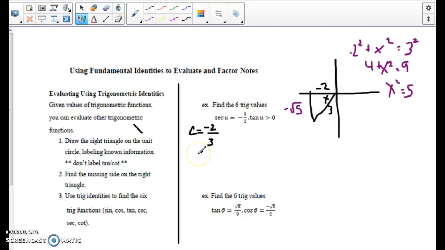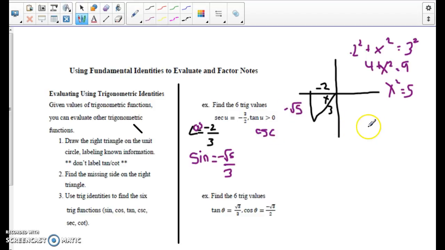So therefore I can easily now find my sine. I guess I should label these a little bit more because we have two c's now. My sine value is opposite over hypotenuse, which is going to be -√5 over 3. If I know my sine, I can also find my cosecant, CSC, by flipping it.